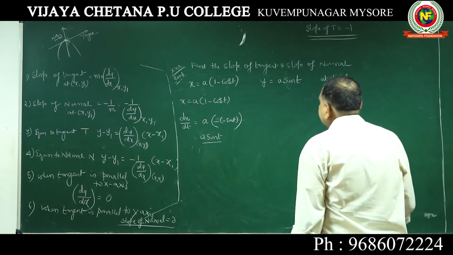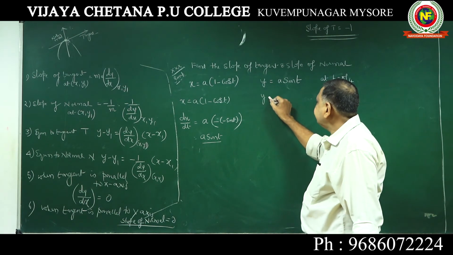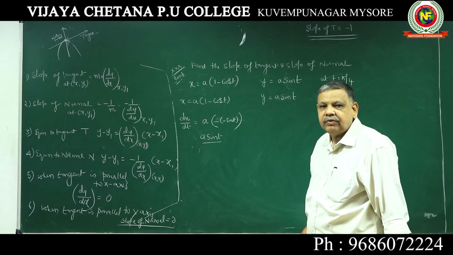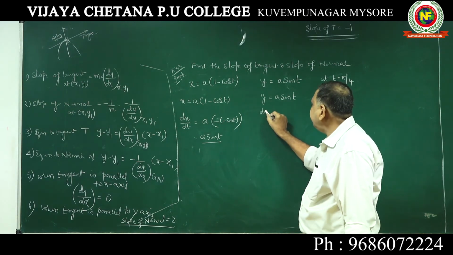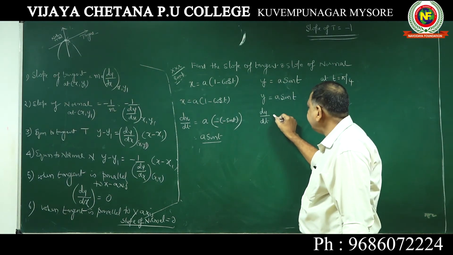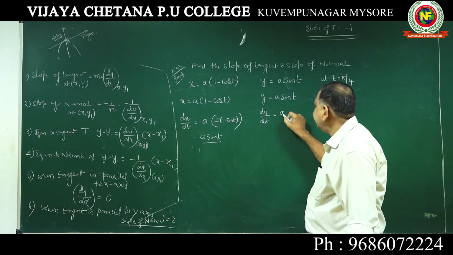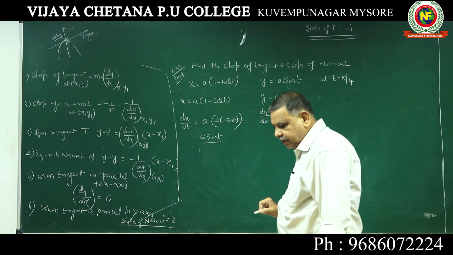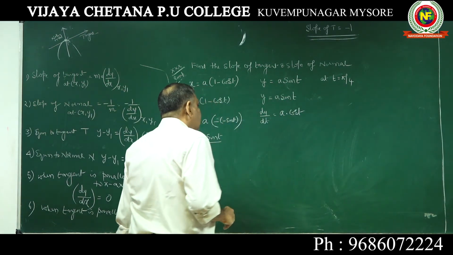Now you take y is equal to a sin t. When you differentiate with respect to t, dy by dt is a into sin t differentiation, which is cos t.